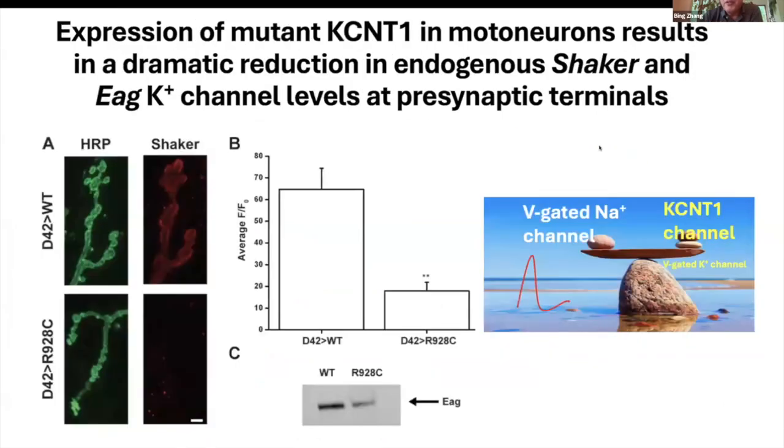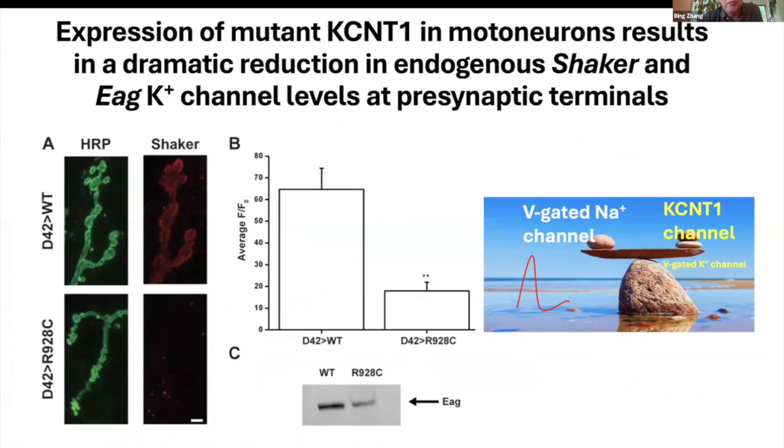So one way to think about this is, if you increase your KCNT1 potassium channel, something has to give to maintain the excitability. Therefore, what we hypothesize is that maybe you reduce endogenous potassium channels from flies.